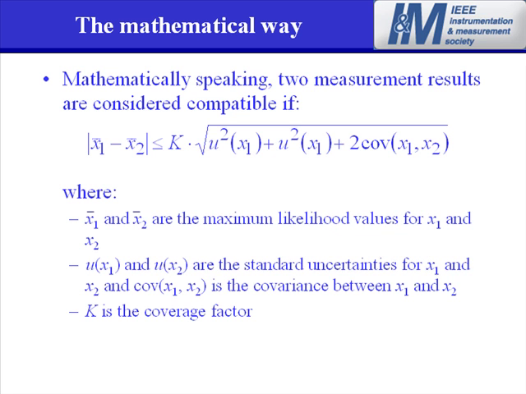The U values are the standard uncertainties, cov is the covariance, and k is the coverage factor. So the two measurement results are compatible when their distance, which is given by this relationship, is lower than this quantity that is related to their expanded uncertainties.